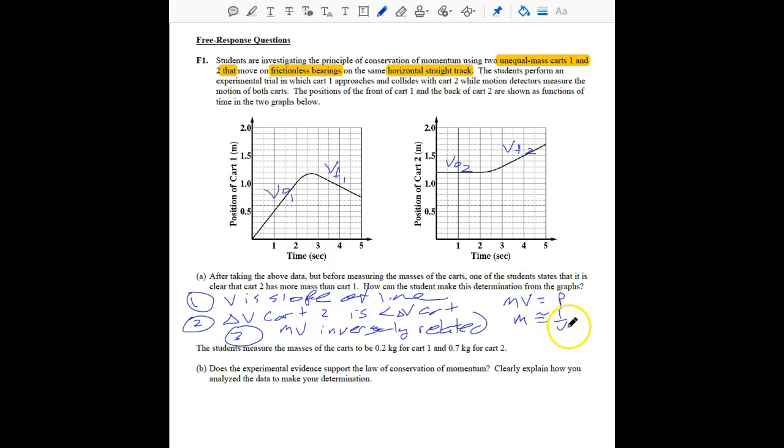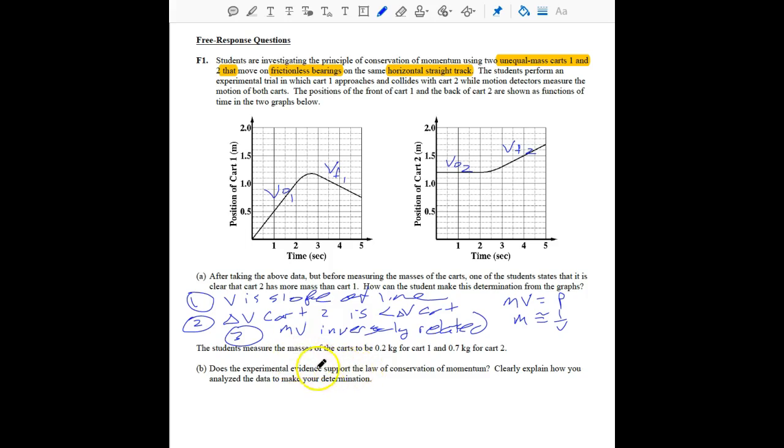The velocity change here was not very big. So if this is small, we know that the mass has got to be large. Here we've got a very big velocity change, and since we have a big velocity change, we know that we've got to have a very small mass. So this is a small mass, this has got to have a big mass, and those are the 3 points.